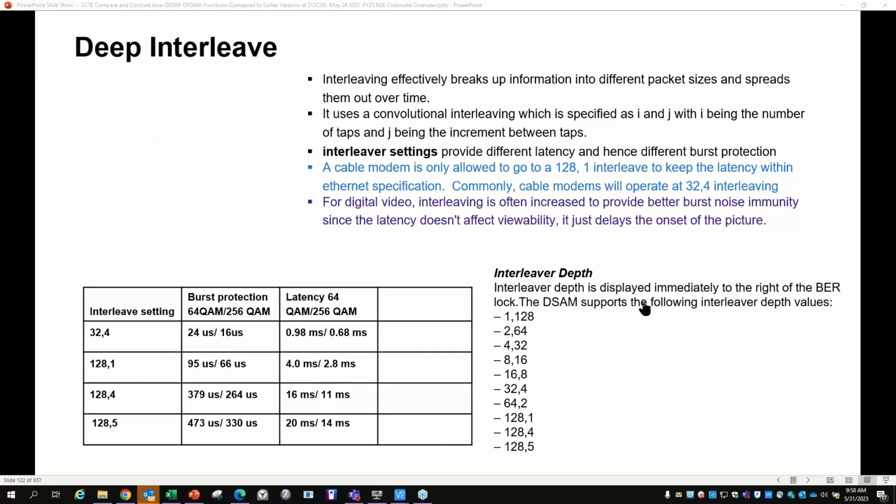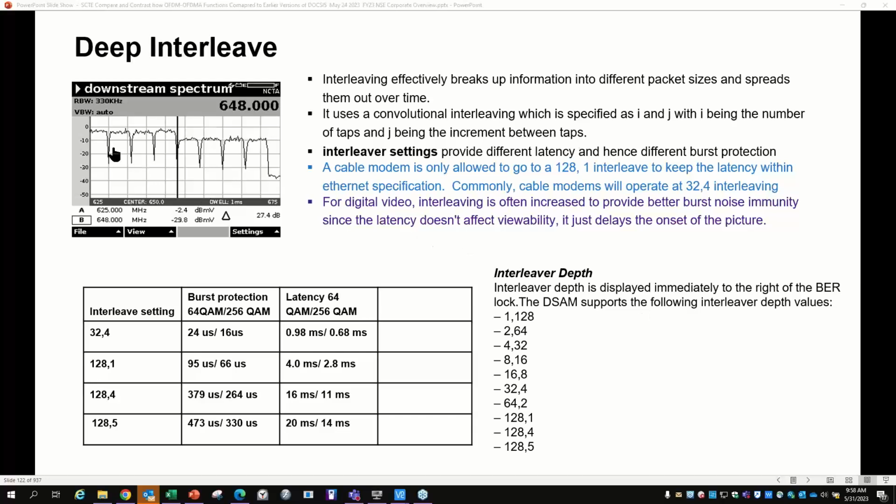So when we talk about the deep interleave example, some of you might have seen it. When we look at our spectrum, we may or may not know what's a 256 and what's a 64. This is an old slide here because 256 quantum carriers were much higher in amplitude than 64 quantum carriers. 64 quantum carriers are much more robust, and 256 needed a higher level in order to produce a better MER, and therefore dealt with networks out in the field with longer cascades, for example.